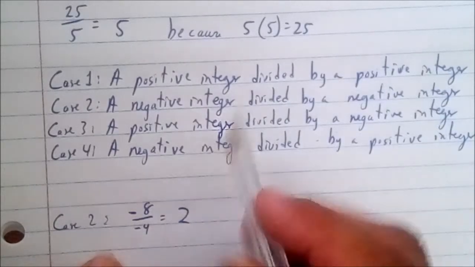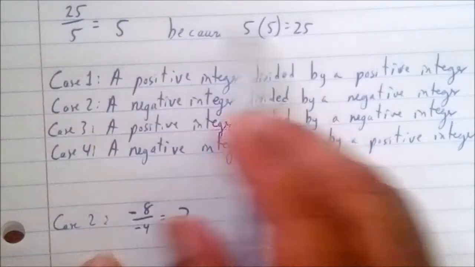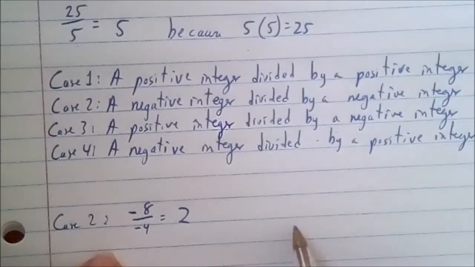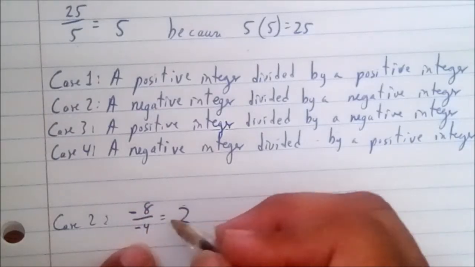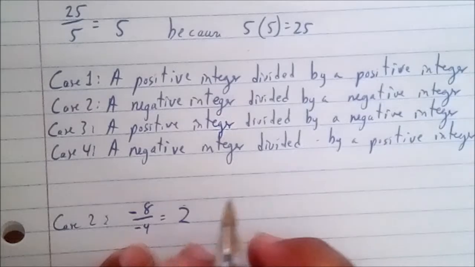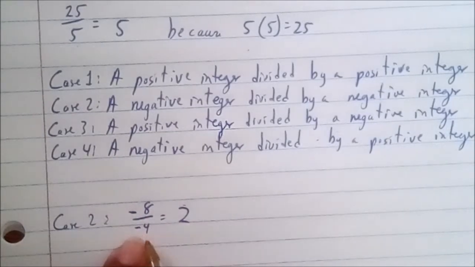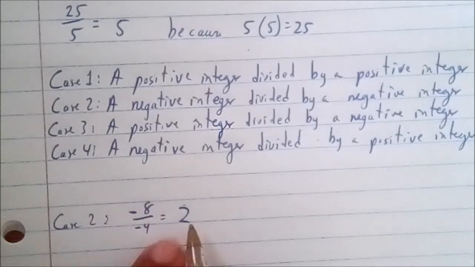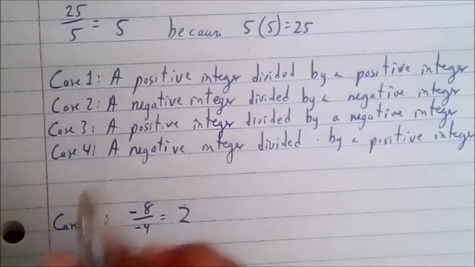Because this value times this value gives us the top value. So if we did not know that negative 8 divided by negative 4 gives us a positive 2, this is what you would need to do. Recall that negative 4 times another number which we would not know would give us negative 8. In that case, that would be 2. So this is how you would work it.